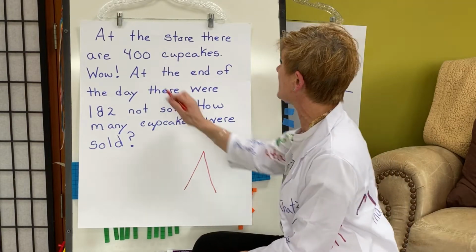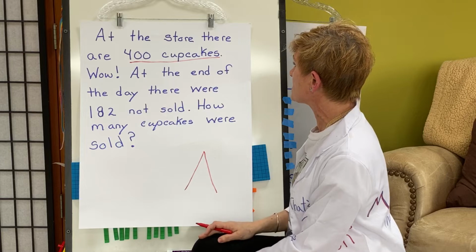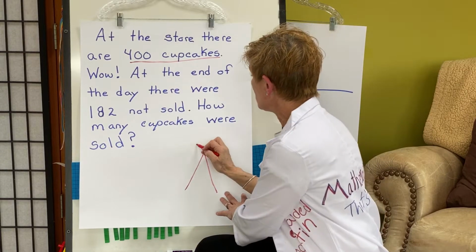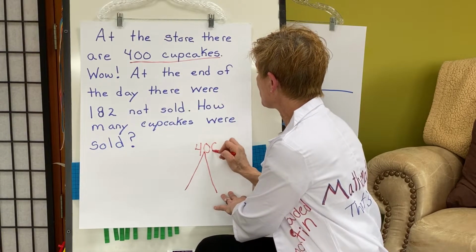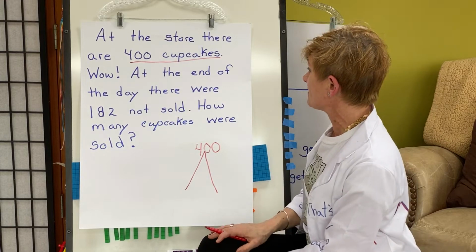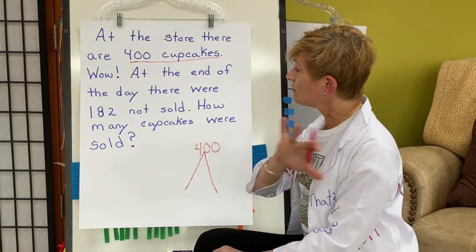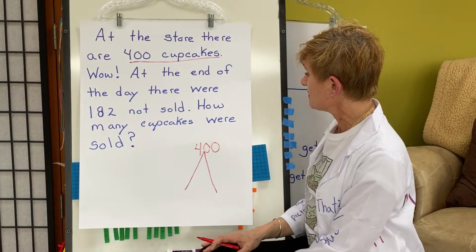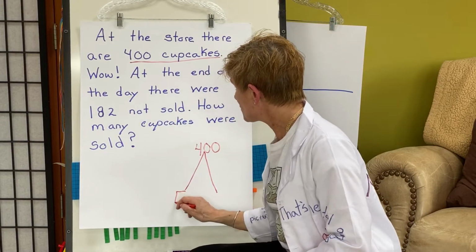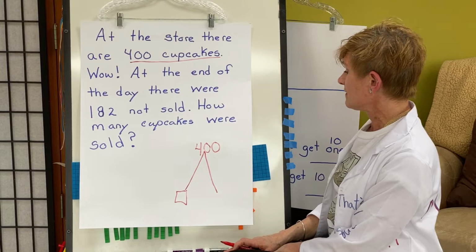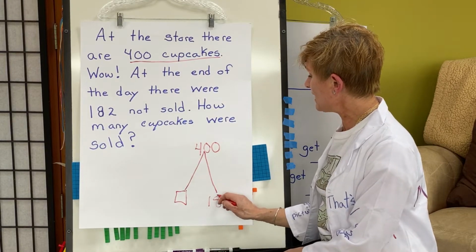I'm going to do that. 400 cupcakes. That's the total. Because they're not adding to it. They're just saying there's 400. And then at the end of the day, there were 182 not sold. So something happened to those 400 for there to be only 182 left.